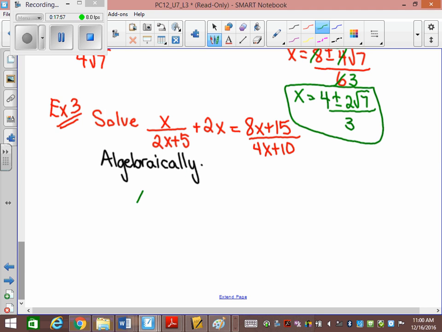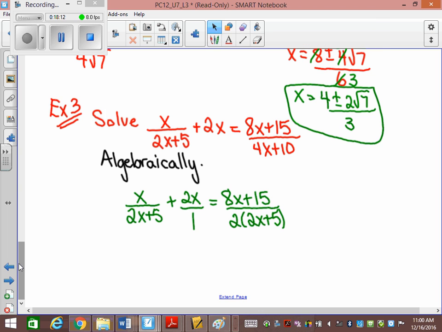So if I have x over 2x plus 5 plus 2x over 1, technically, equals 8x plus 15 over 2 times 2x plus 5, my common denominator is 2 and 2x plus 5, right? So what's this one only missing? It's not missing 4x plus 10. It's only missing a what? A 2.